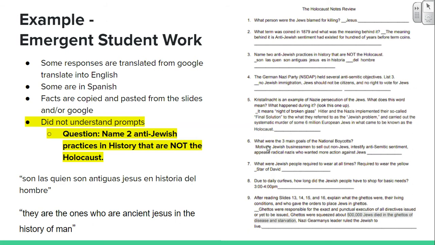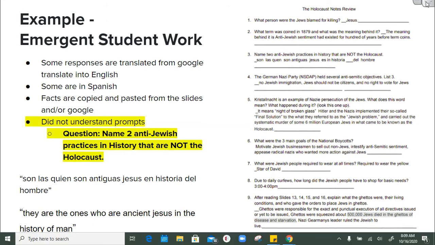So first, I want to talk about some of the work that you have noticed from your emergent students. Here we have an example that a history teacher was nice enough to give us of an emergent student who took notes about the Holocaust. Sometimes when you receive work from an emergent student, you may get a whole gamut of things.